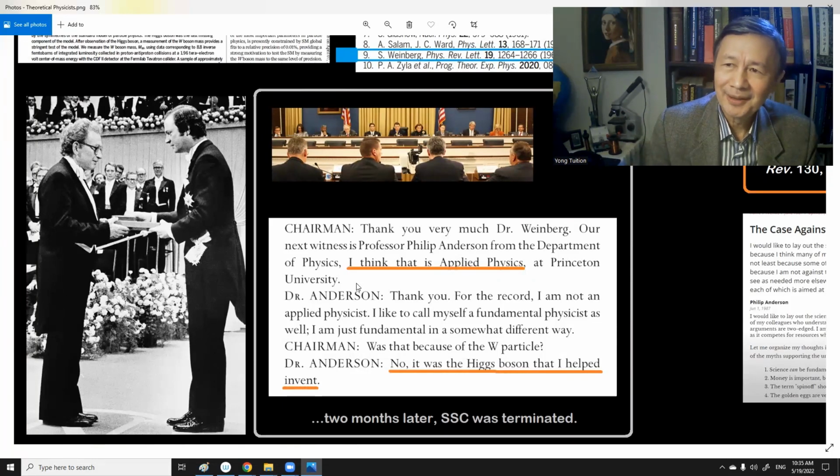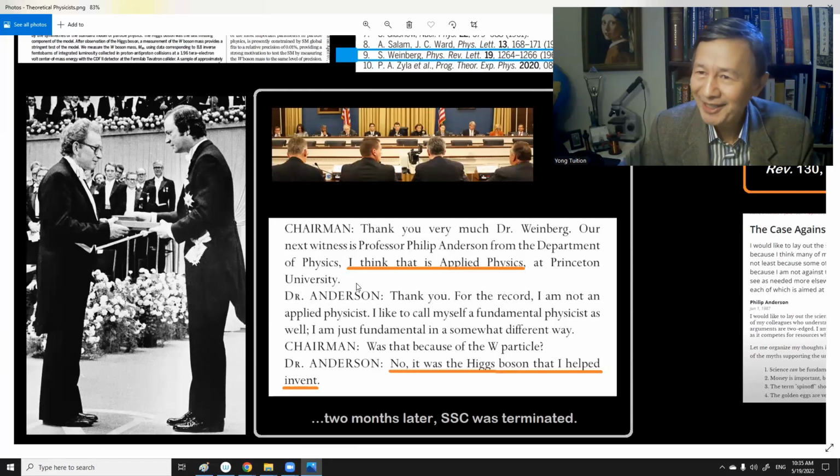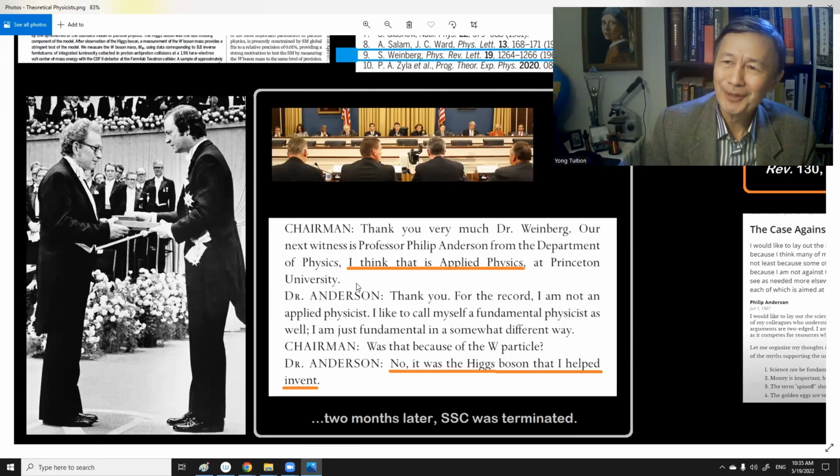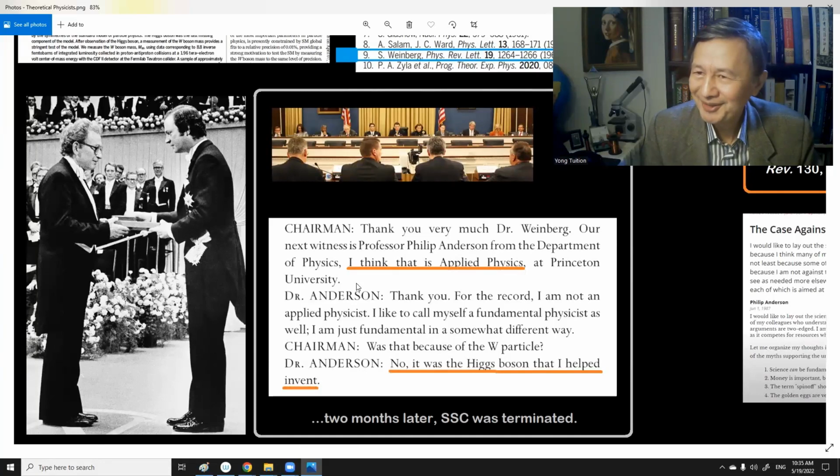Then Anderson replied, "Thank you. For the record, I'm not an applied physicist. I like to call myself a fundamental physicist as well. I am just fundamental in a somewhat different way." The chairman continued, "Was that because of the W particle?"